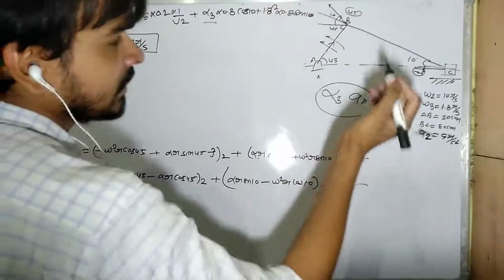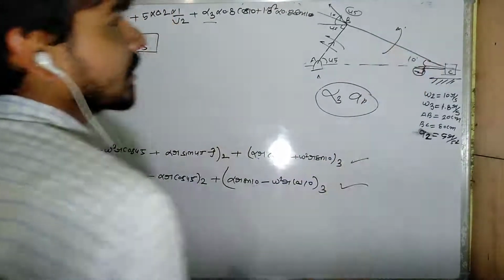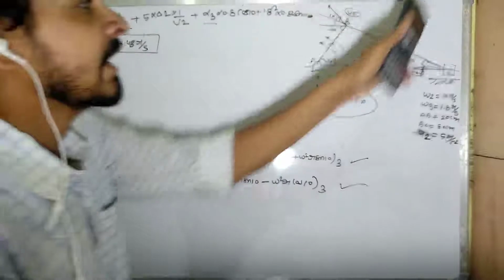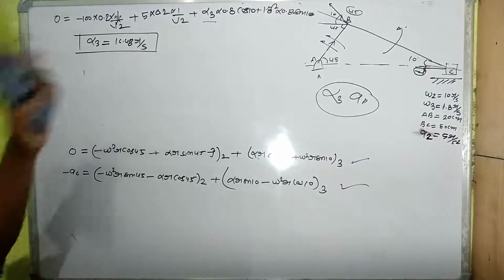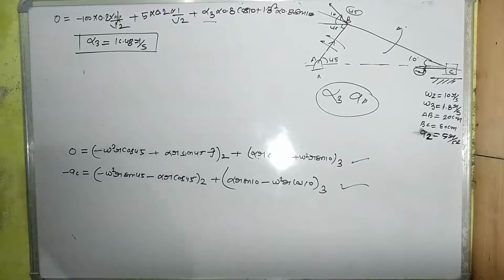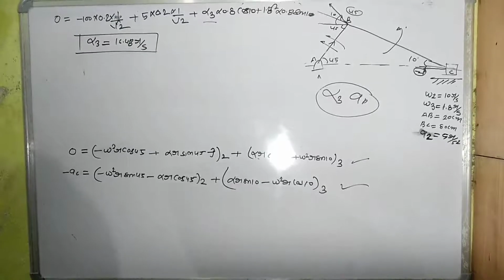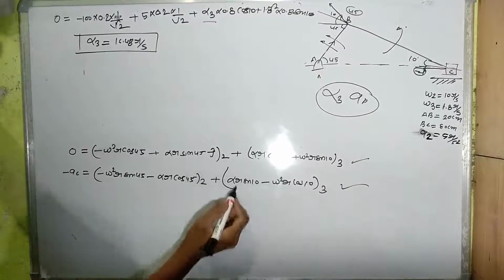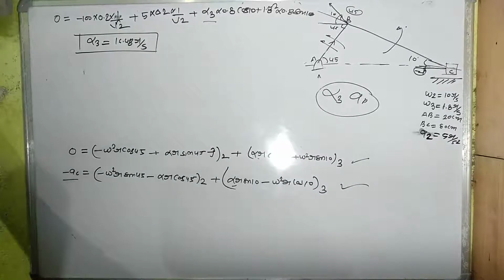You know that, I think you forgot it, that omega 3, आपने omega 3 की डायरेक्शन इस डायरेक्शन में शायद माना था, I think you have assumed, and alpha 3 is coming positive, that means your assumption is correct. Okay, now you know that alpha 3, put here alpha 3, all these things you know, you will get acceleration of the piston.